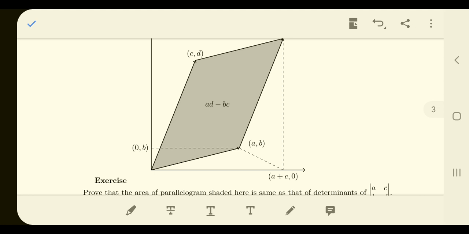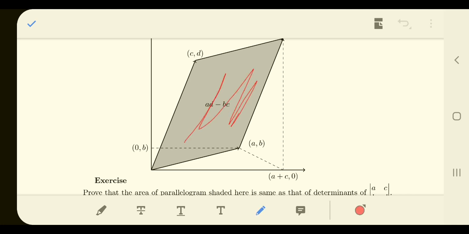The determinant AD minus BC is nothing but the area filled up here. So if the area is 0, then definitely AB and CD are collinear vectors.